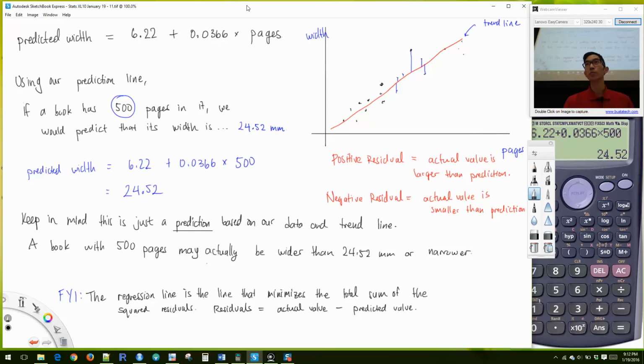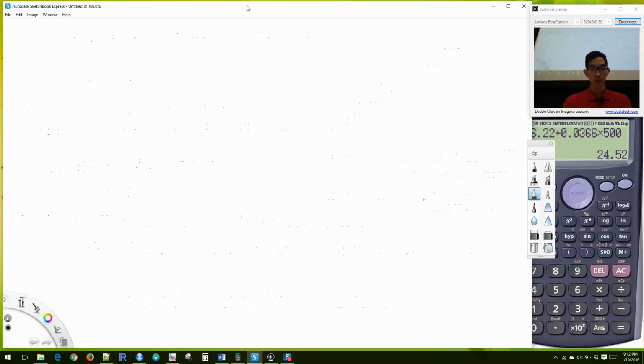So far, so good. Okay, so to find the regression line, the slope b is equal to r times sy over sx.